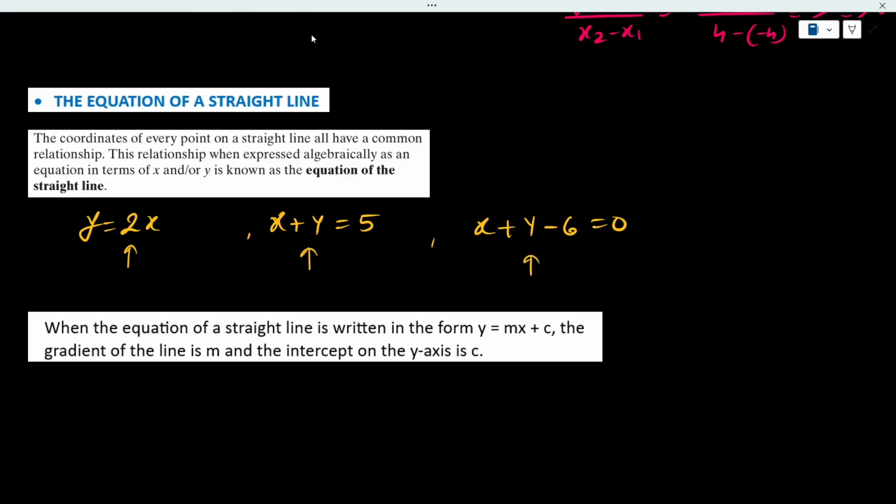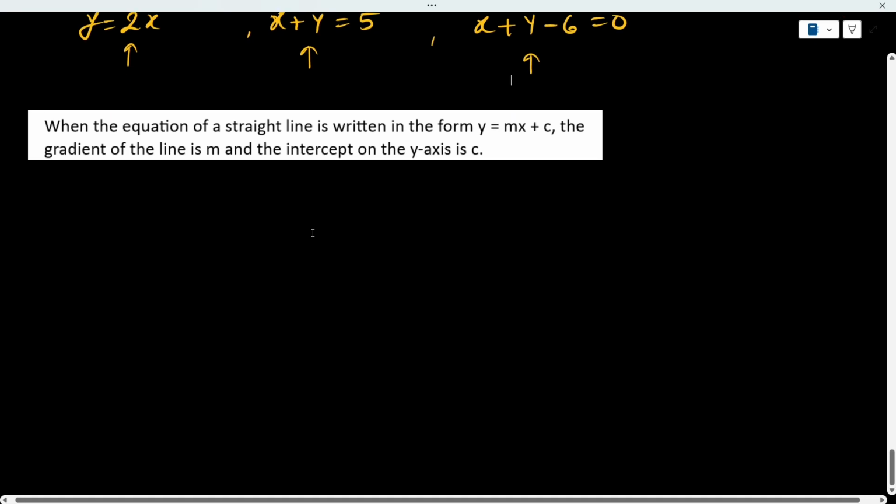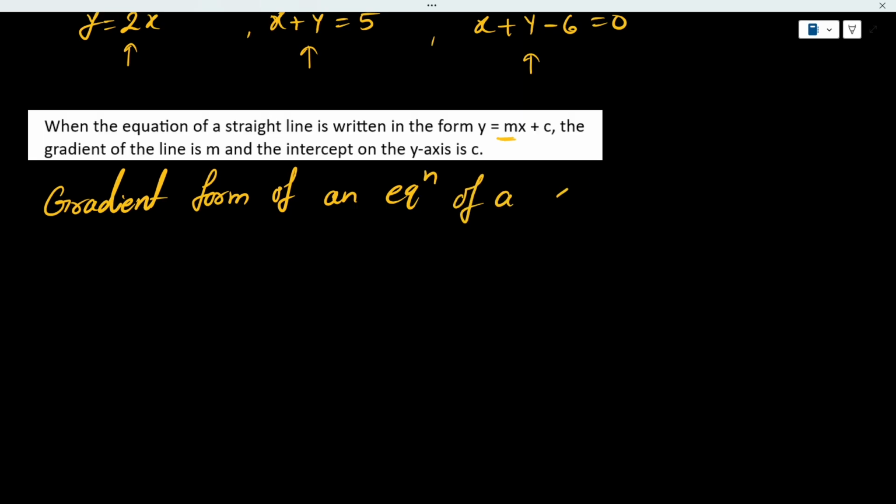But how do we use the slope to make the equation of the straight line? You calculate the slope or gradient, which we call m. You have to remember this is called the gradient form of an equation of a straight line.